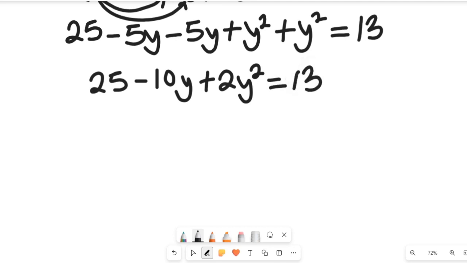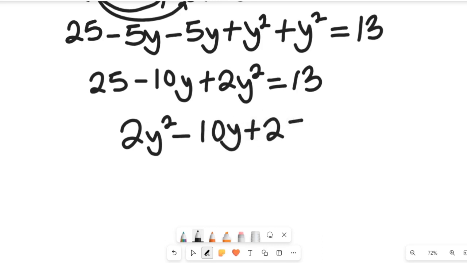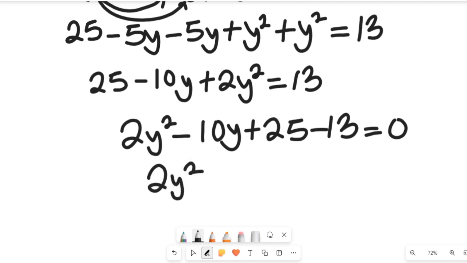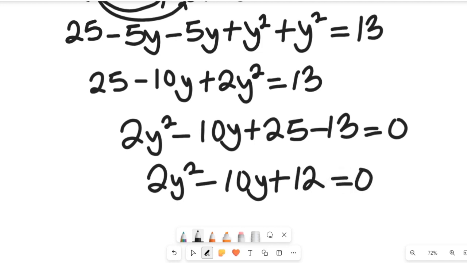I'm seeing our quadratic equation coming up here. So let's rearrange it. We'll have 2y squared minus 10y plus 25. Subtract 13 from both sides so the right hand side will be equal to 0. So we'll have 2y squared minus 10y plus 12, because 25 minus 13 gives us plus 12, and this is equal to 0.